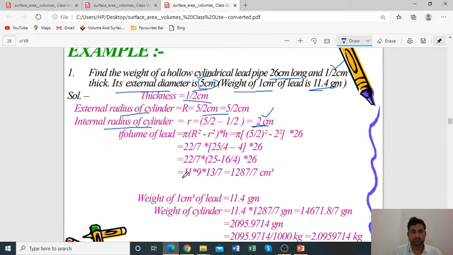So volume of the lead we find out is 1287 upon 7 cubic centimeters. And already it is given that 1 cubic centimeter of lead weighs 11.4 gram. So multiply by 11.4 gram, 1287 upon 7.